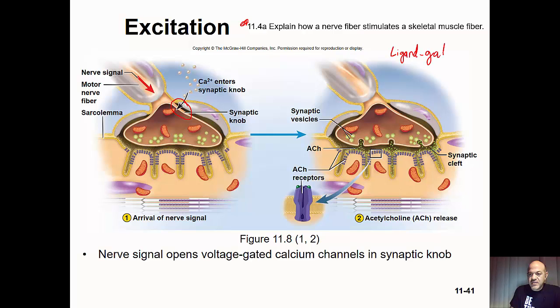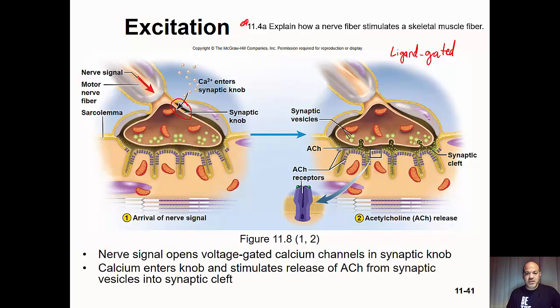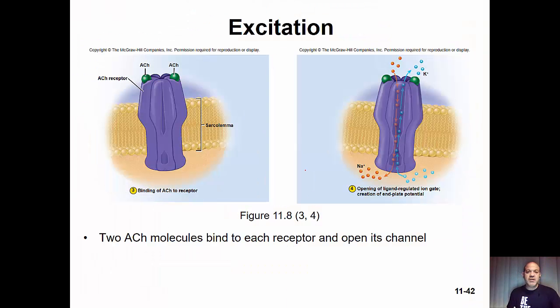So these are ligand gated proteins. So when the two ligands, in this case a ligand is a molecule, these ligands are acetylcholine, when the two of them bond, they're going to activate the receptor to become permeable or allow sodium to move in and potassium to move out, kind of like a combination of both separate sodium and potassium gates. So we'll go to that stage there.